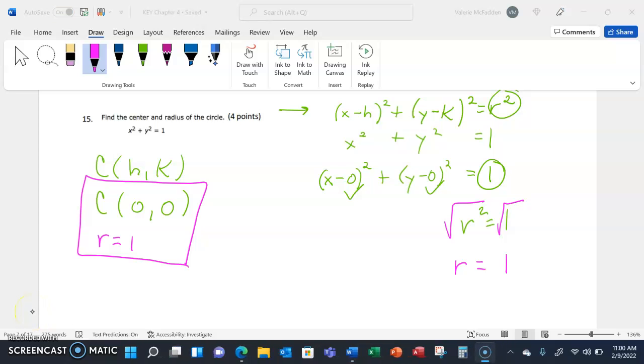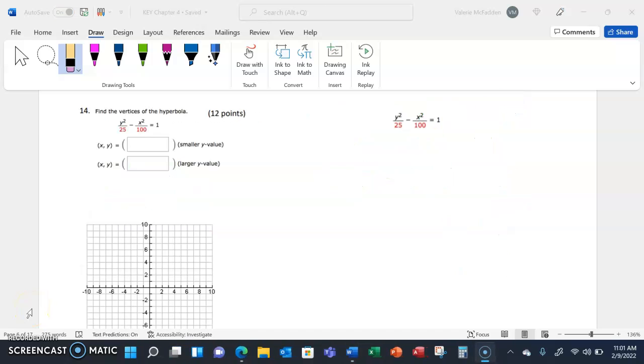Normally I would always say to put plus or minus in front of your square root sign when you take the square root of a number. However, your radius is always a positive number, so there's no need to put the plus minus. A radius is positive.